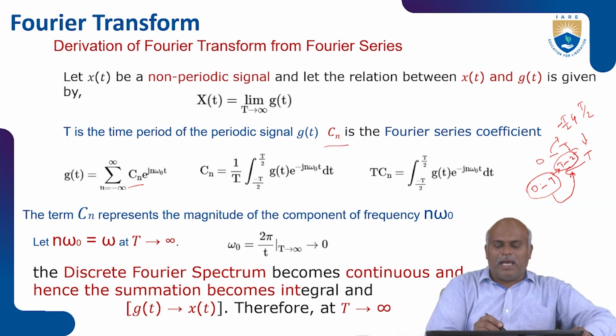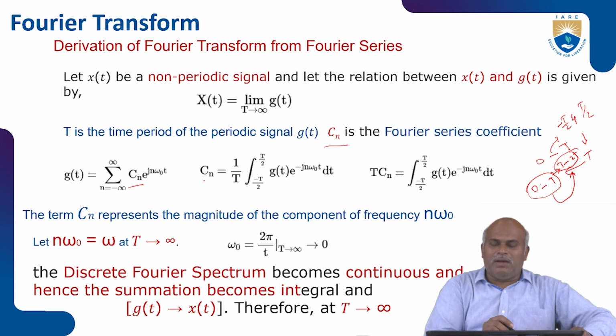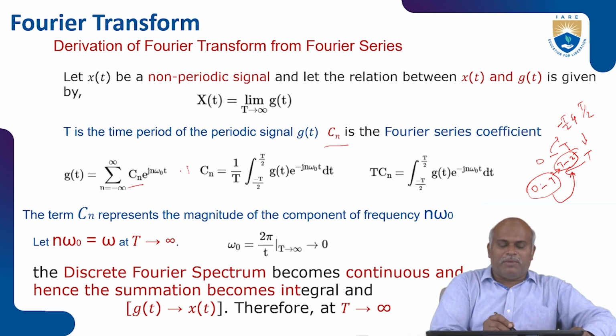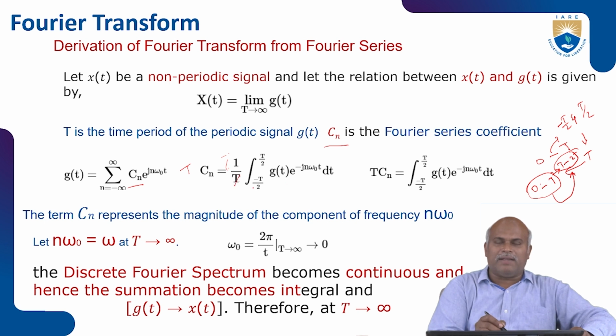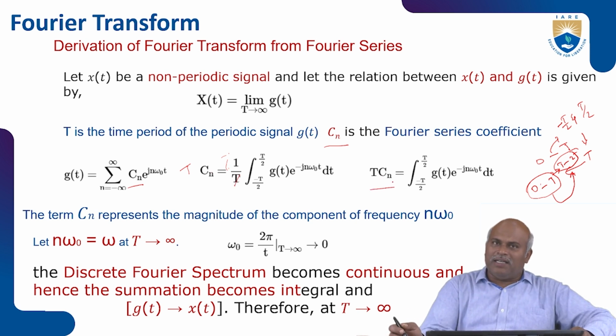Now what I am doing, I cross multiply by T, or we multiply both sides of the Fourier series coefficient by capital T. Here I multiply with T, and these two cancel. On the left side I write T C of n is equal to integration from minus T by 2 to plus T by 2 of g of t e power minus j n omega 0 t dt.